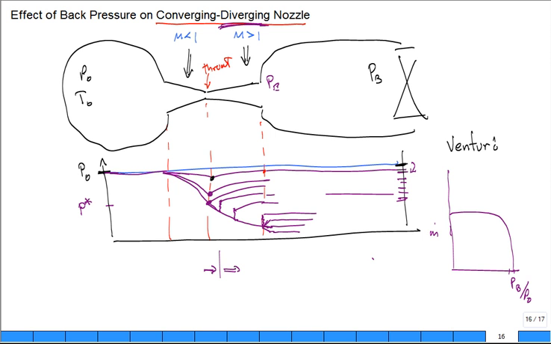No, it's fixed. And so unless you change P naught and T naught, which we're not, M dot is still flat right there after you get choked flow. So it doesn't change the mass flow rate, but it sure does change the exit speed when you have a converging diverging nozzle. Does that make sense? Does that help? All right.